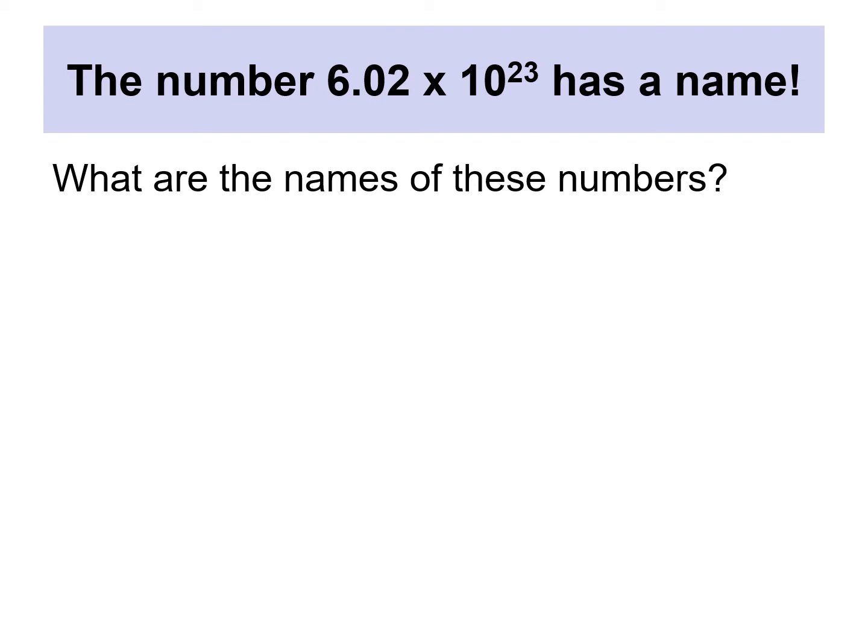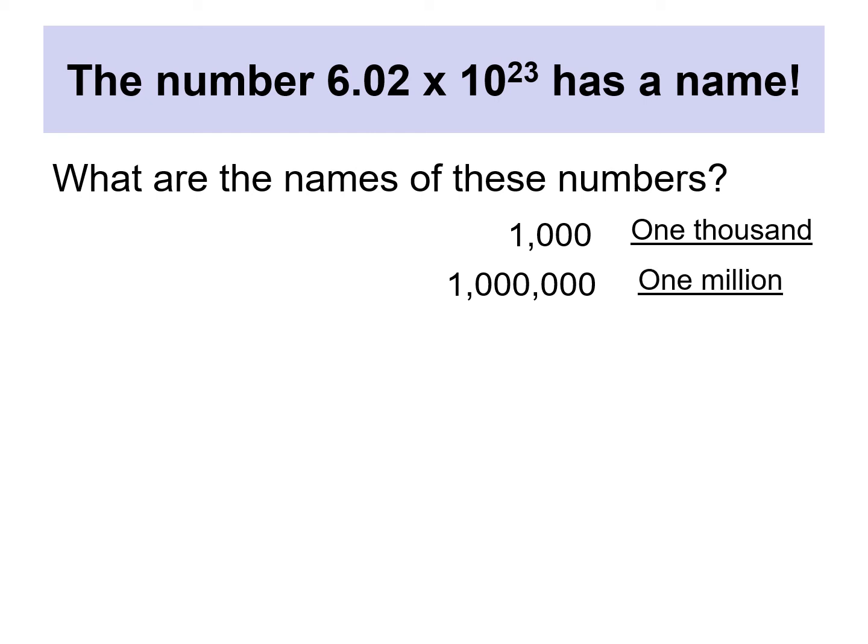Just a little digression here. If I wrote this number down for you and asked you to say it, pronounce its name, you would say 1,000. This is 1 million. This is 1 billion.